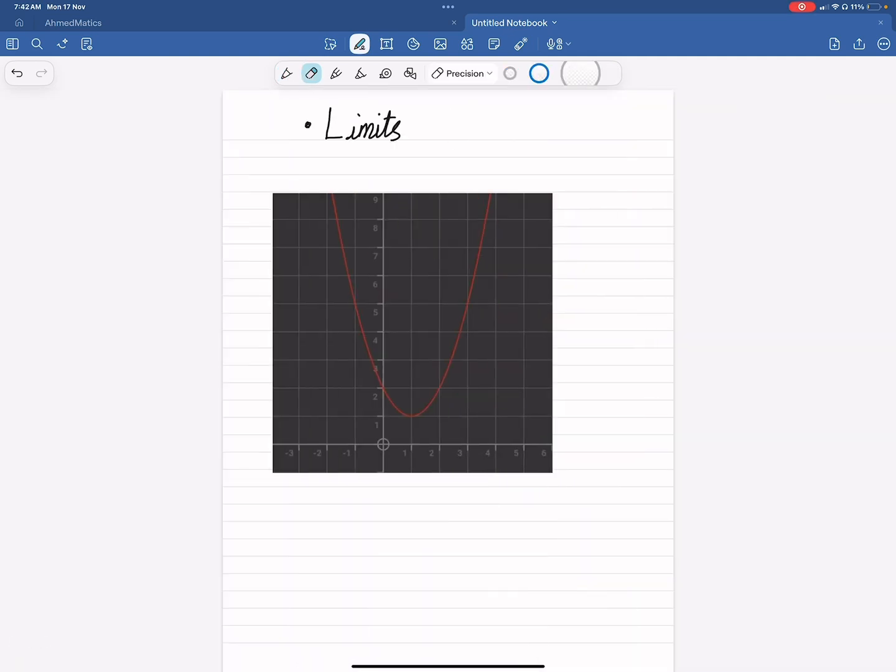So next up, we've got limits. To understand derivatives, we need limits. A limit tells us what value a function approaches as x gets close to something. So we use limits to define a slope at a single point, and that slope is the derivative.